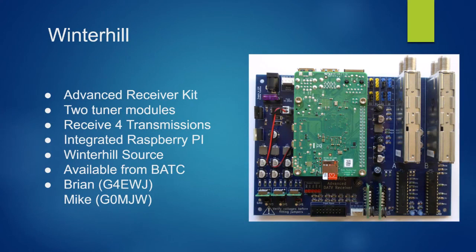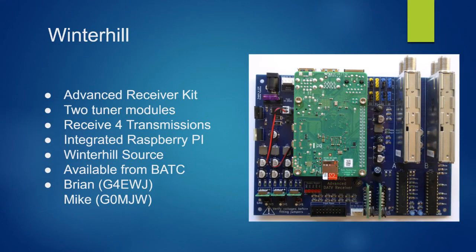The project was originally designed by Brian and Mike, G4EWJ and G0MJW, and they released the source code, all open on GitHub. So I could hack in the similar WebSocket code that I did for the Longmint client, or what Phil did for the Longmint. I basically copied it over, did a couple of changes and made it work on the Winterhill.